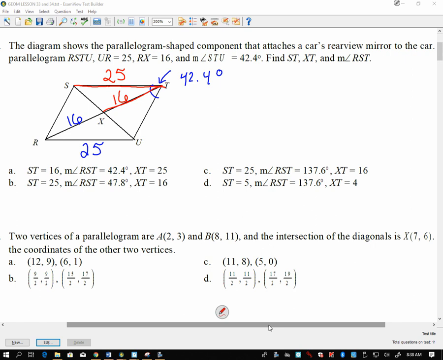All right, let's look at RST. Okay, is that right? Is that down here or here? Is it top left, or bottom right? Top left. So we want to know what this angle is right here. All right, Michael, how would you go about finding that?